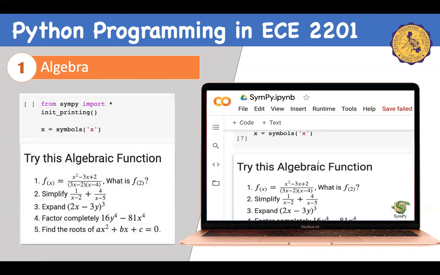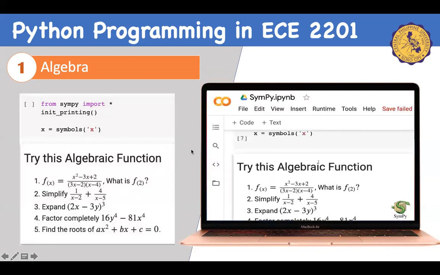After loading those first three lines, that is actually to load SymPy to your module. Now it's time to solve problems in algebra. So take note of these three lines of code that we have loaded a while ago. We will use these three lines of code to solve these problems using the variable x.